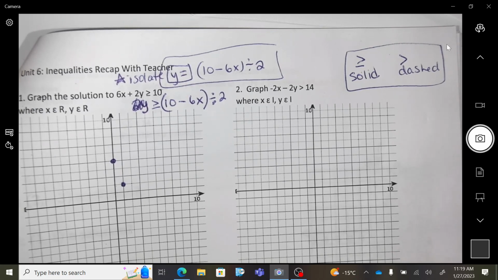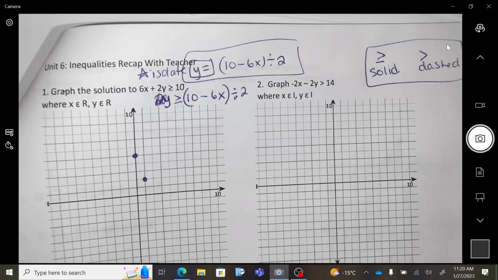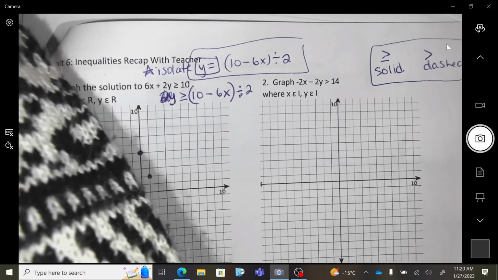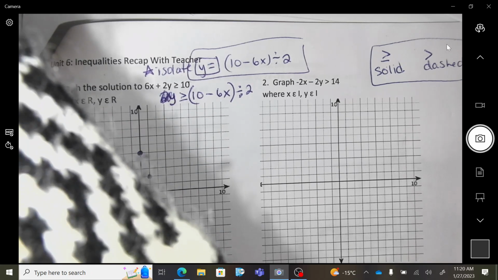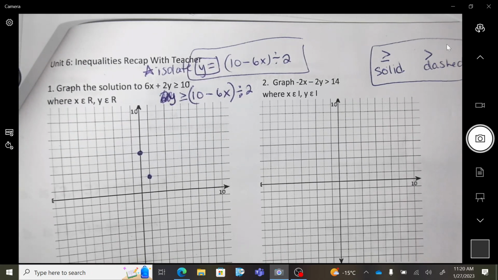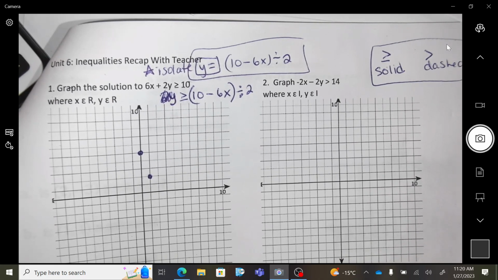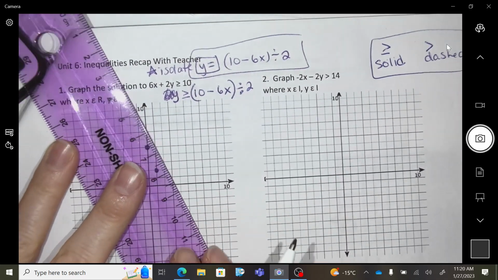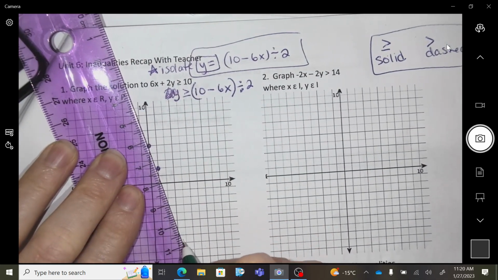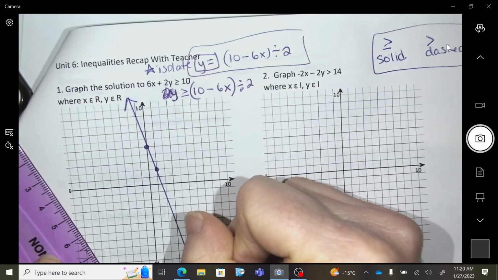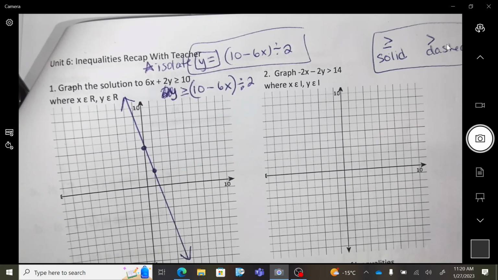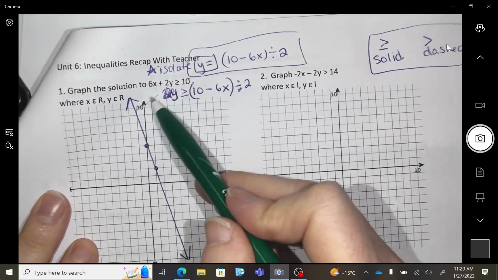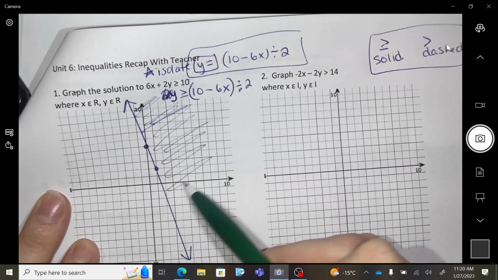A solid, because we're equal to. And which side of that line will indicate the greater than direction? This side of it. Angling upward.